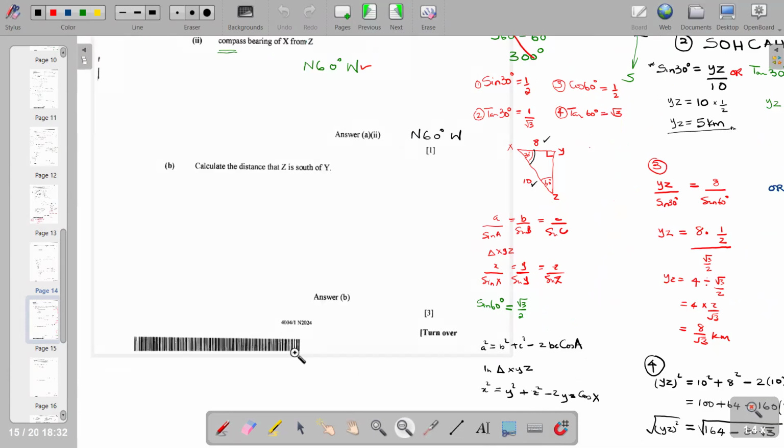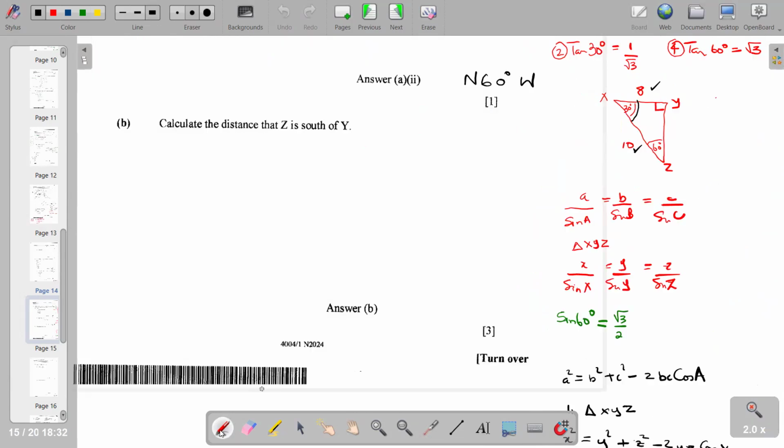Depending on the method that you used, 6 kilometers was acceptable. You also realize that 5 kilometers was accepted, depending on the method used.